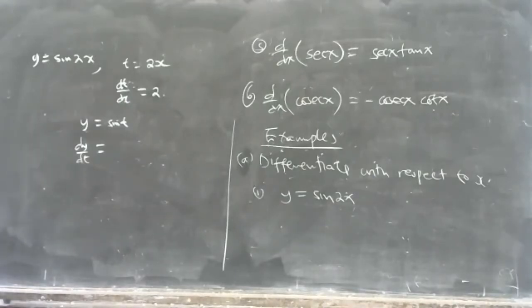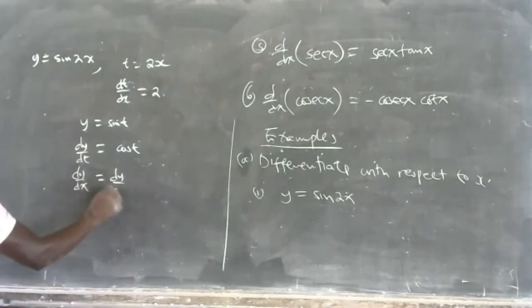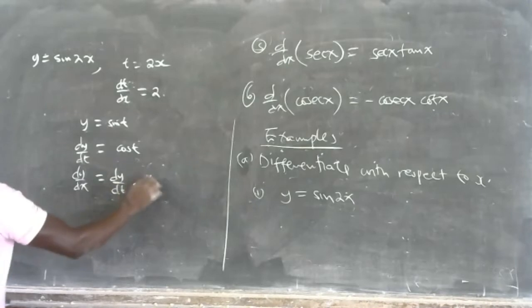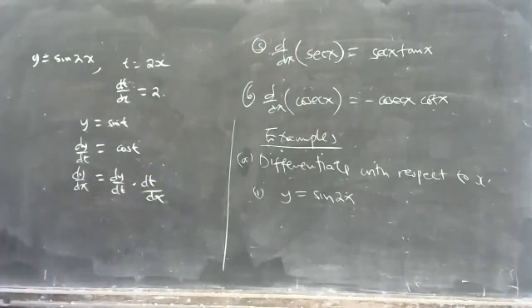Cos t. Your dy/dx by chain rule is given by dy/dt times dt/dx.